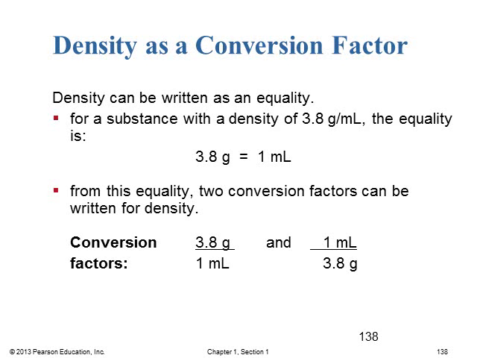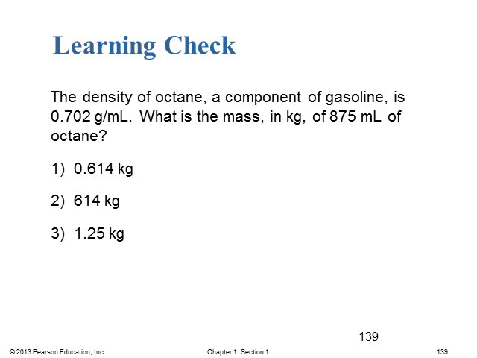Sometimes densities can be used as a conversion factor and be used as an equality. You can use it either way: grams over milliliters, or milliliters over grams. They are synonymous with each other, just as the other ratios could be flipped, as can this. So if we say octane is a component of gasoline and has a density of 0.702 grams per milliliter, what is the mass in kilograms of an 875 milliliter volume of octane?